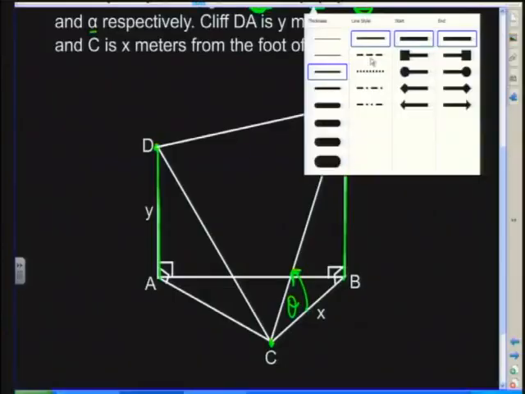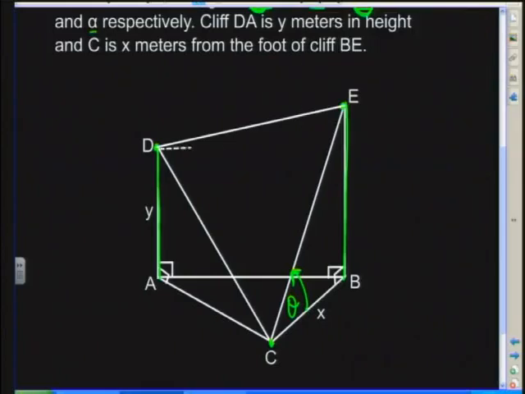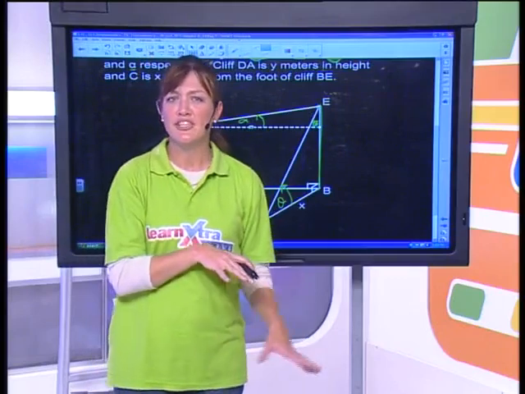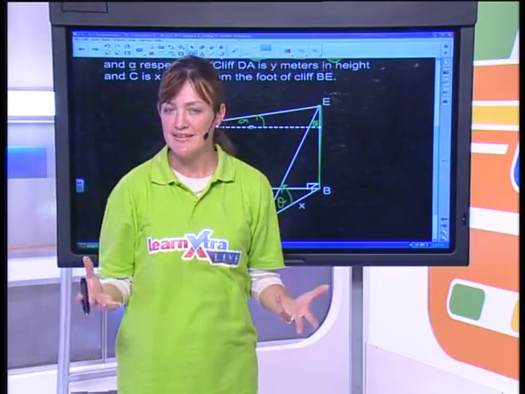I'm going to make it a dotted line over here. So we've constructed this line, which essentially means we've created another triangle, and that angle over there was alpha.